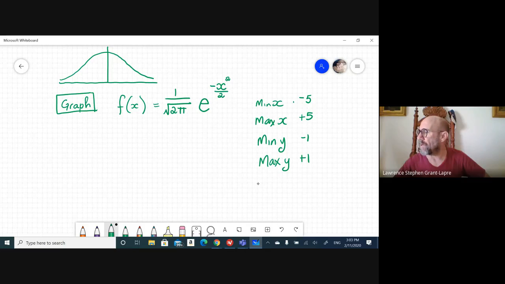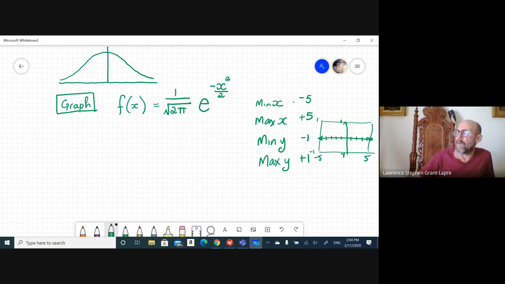So from -5 to 5, from -1 to 1. Okay. What does your graph look like?